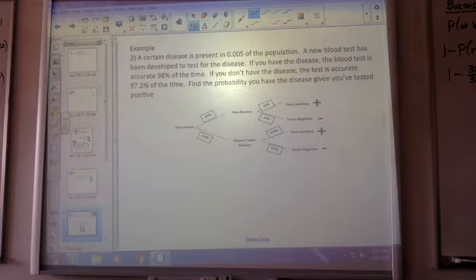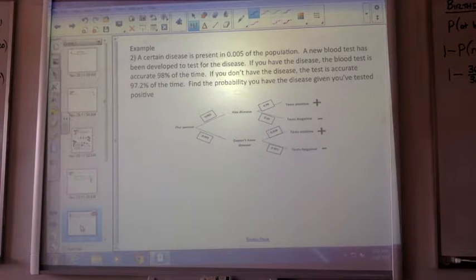A new blood test has been developed to test for the disease. If you have the disease, the blood test is 98% accurate. 98% is accurate 98% of the time. If you don't have the disease, the test is accurate 97.2% of the time. Find the probability you have the disease given you tested positive.